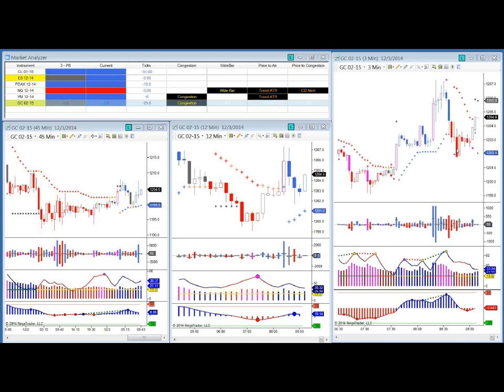Because to me, ATR alert. I already know. ATR alert. Should we go short on gold? No. Why would you go short on gold when the 12 and the 45 are going up? Hello.